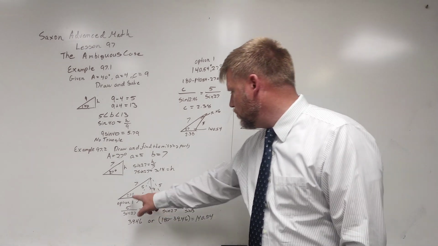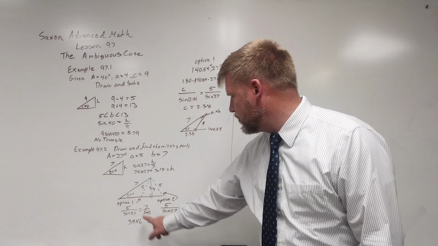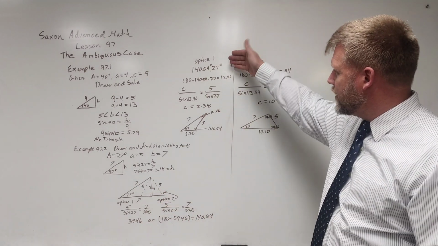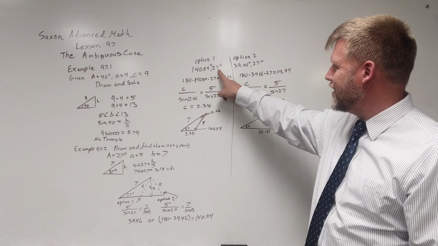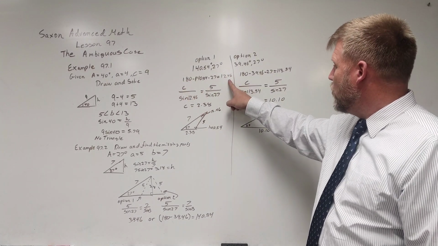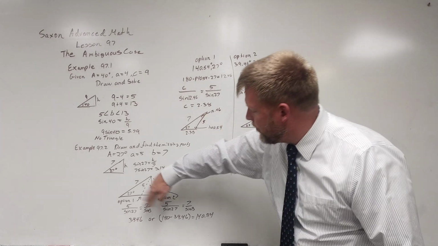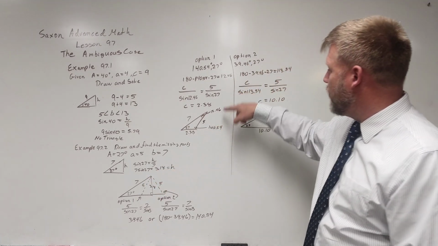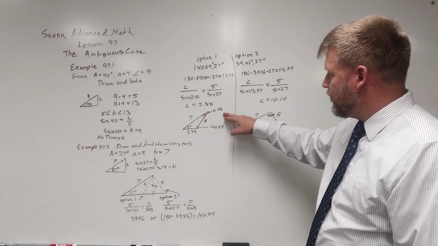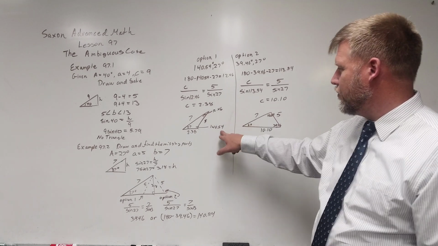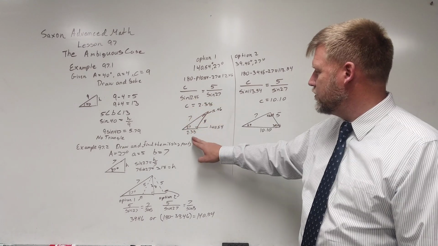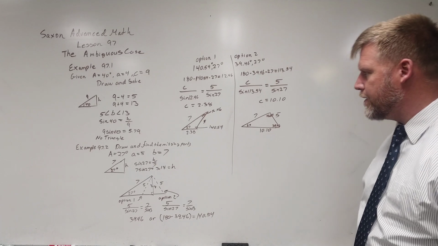If it's closer, it's obtuse, it's 140.54, and if it's further away, it's the 39.46. So I take my options and say, if it's 140.54 and 27, if I subtract those from 180, I'll get 12.46 for the other angle, which means that this little piece here, if it's coming in closer, is only a 12.46 angle. Then I go ahead and solve for the other sides. If I know that's 12.46, I know that's 140.54, I know that's 27, and I know that's a 7 and 5, I can use my law of sines to find my last side, which is 2.38.